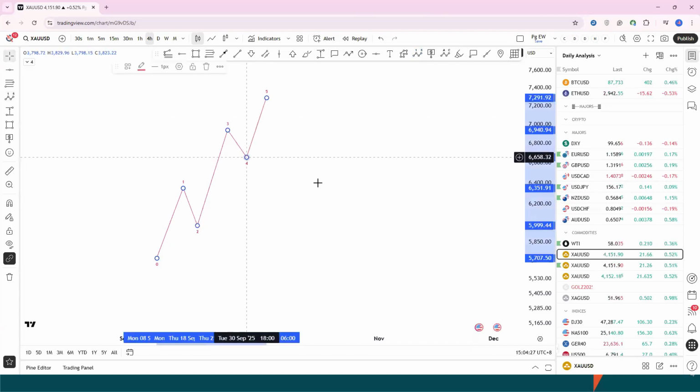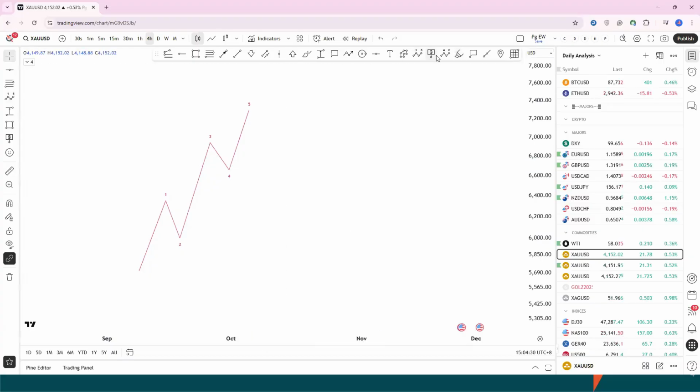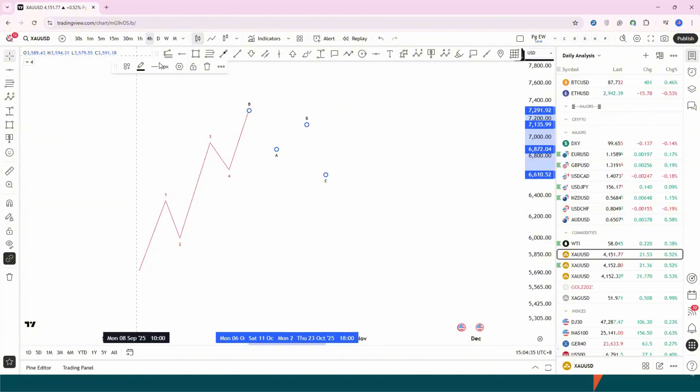And after you see the impulse, you will see the corrective, which is the pullback A, B, and C.